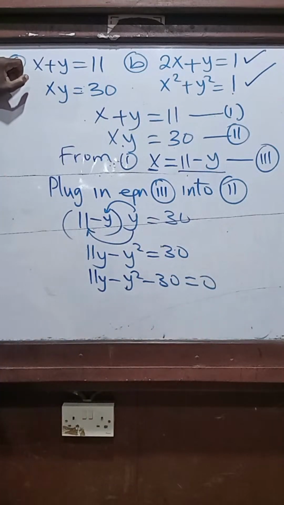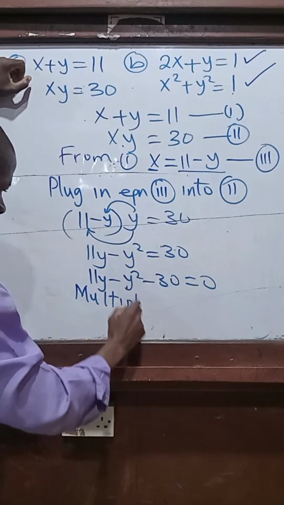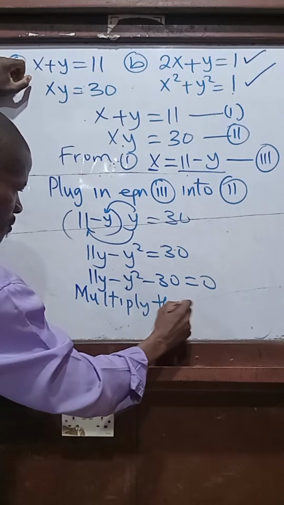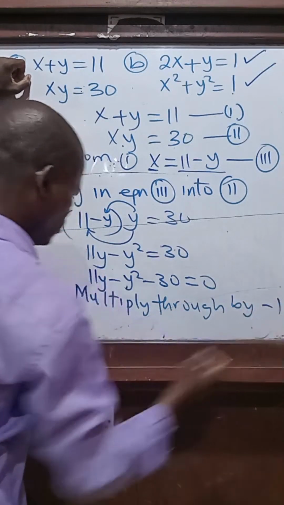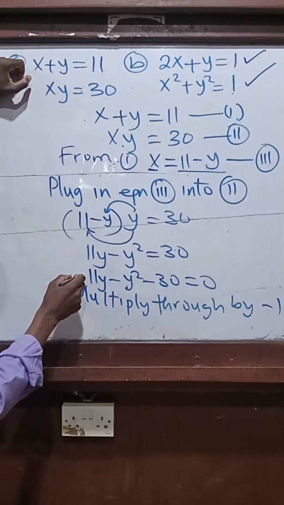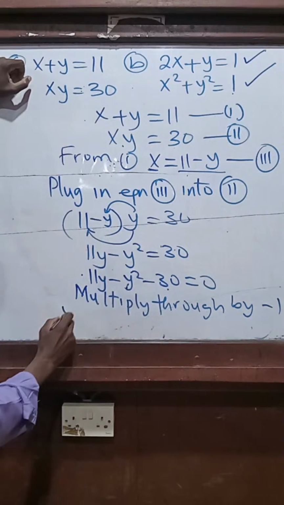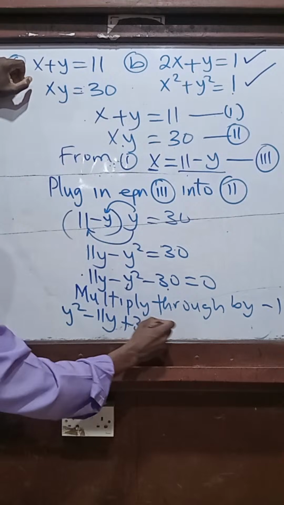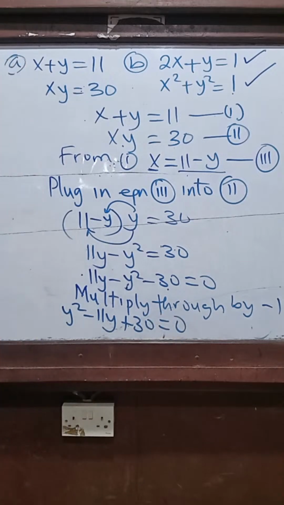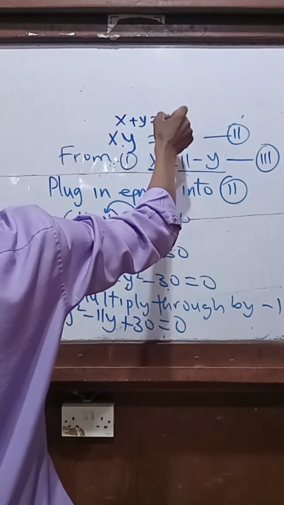Multiply through by minus 1. So this one times minus, this one times minus, this one times minus. So we're going to have y squared minus 11y plus 30 equal to 0.